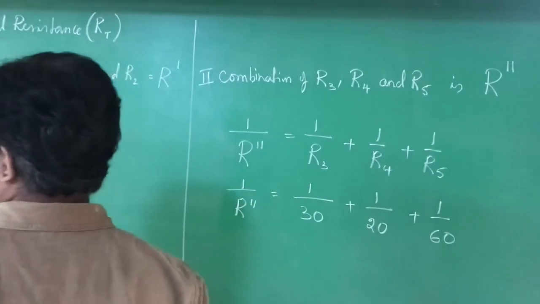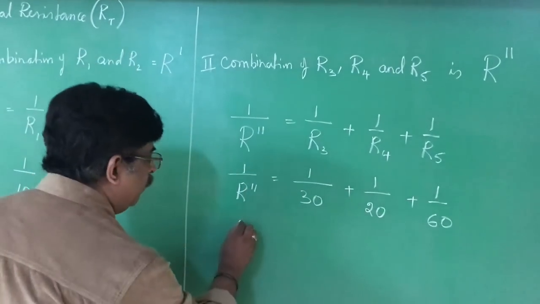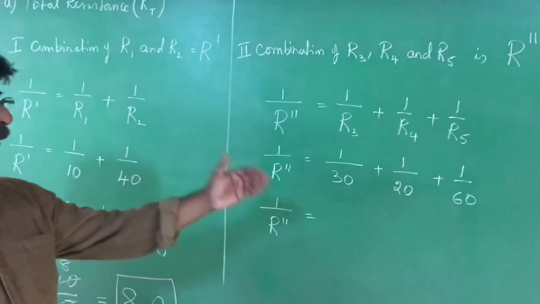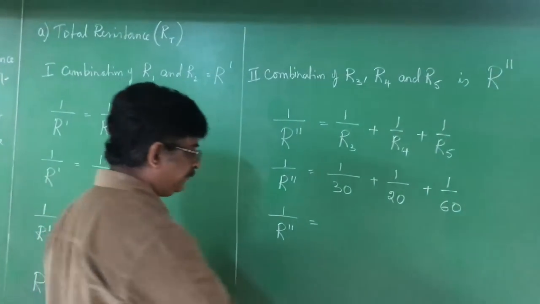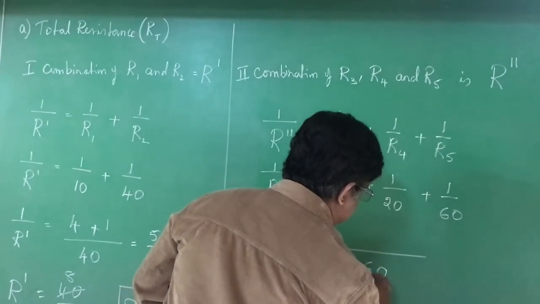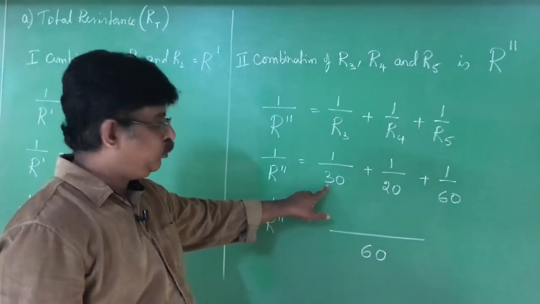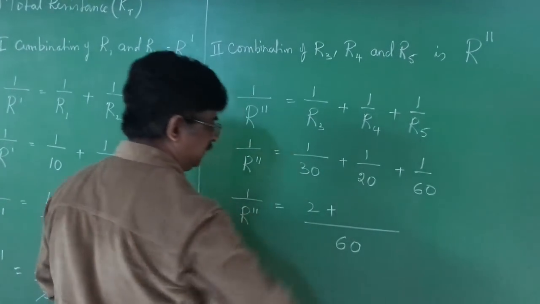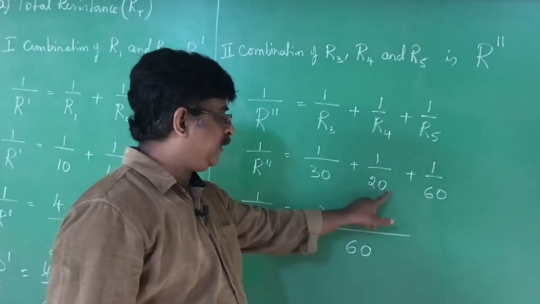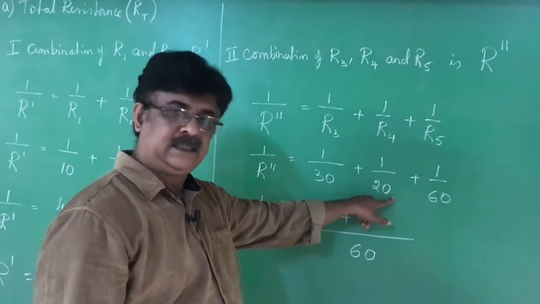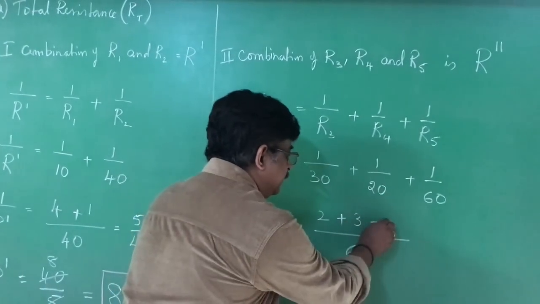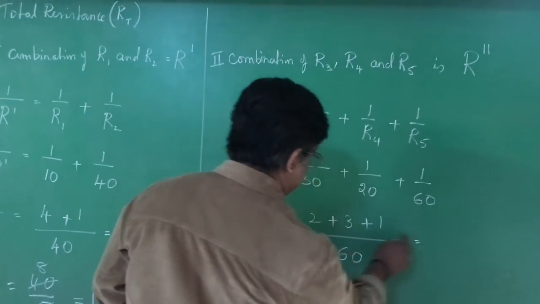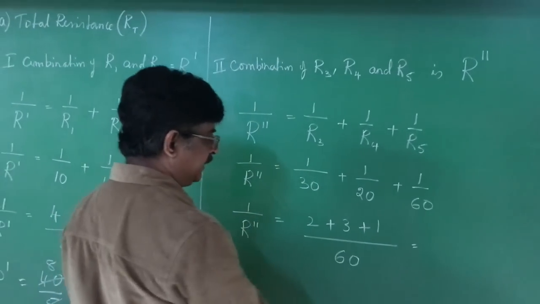The LCM is the bigger number, 60. 60 divided by 30 is 2. 2 into 1 is 2. Plus 60 divided by 20 is 3. 3 into 1 is 3. 60 divided by 60 is 1. 1 into 1 is 1. That is 2 plus 3 plus 1 is 6.